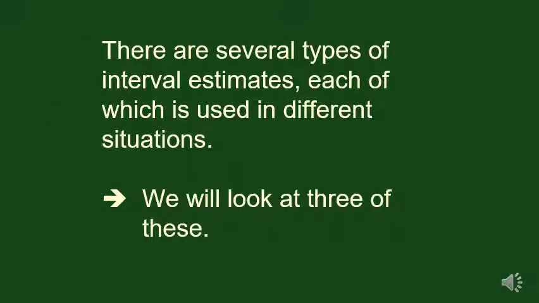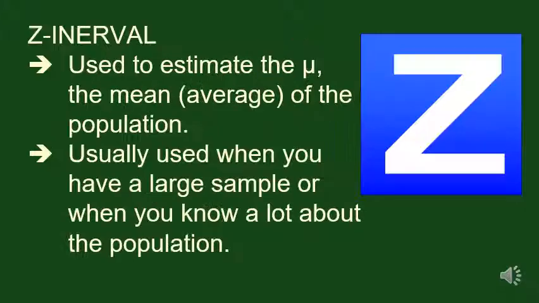There are many different kinds of interval estimates that you can do. If you thumb through the menu on your graphing calculator, you'll see a lot of things that have interval after them in that tests menu. We're going to focus in on 3 of these, one of which we actually already looked at before. What we just got done doing was what was called a Z interval.